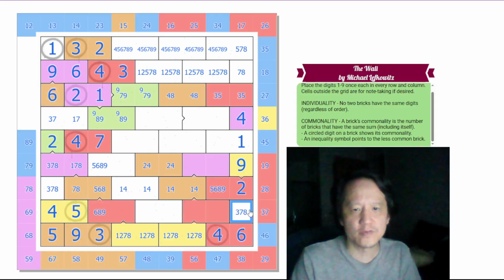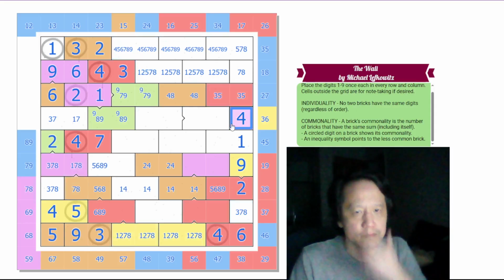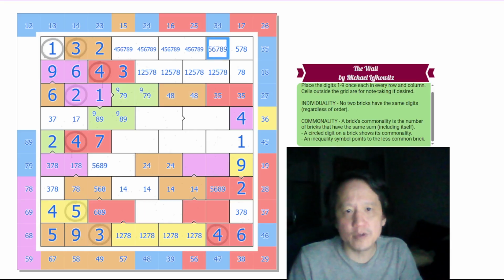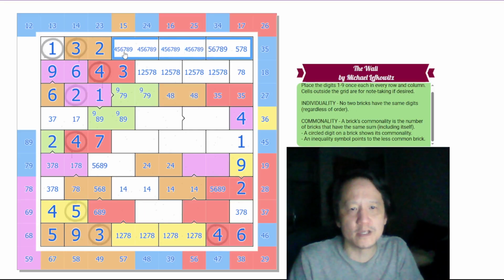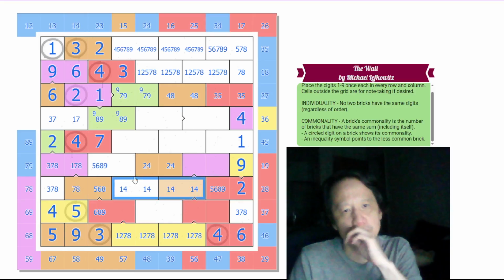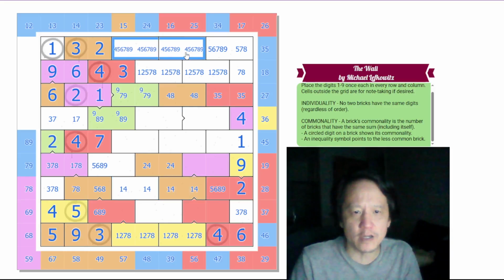This is 3 7 8, 3 7 8, 3 7 and 8 here. So we have 4 and 8 here. 4 cannot be here. That means 4 and 9 must be together because that's the remaining cells. Right? We have 4 8 already accounted for. 4 7, 4 6, 4 5, 4 3, 4 2, and 1 4. So this must be 4 9.